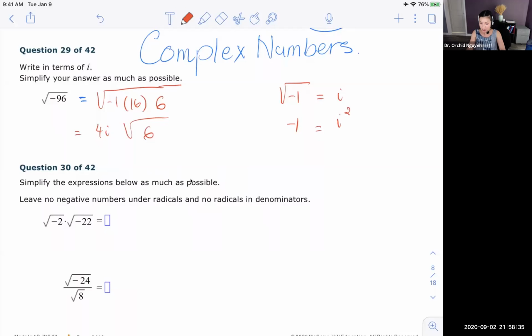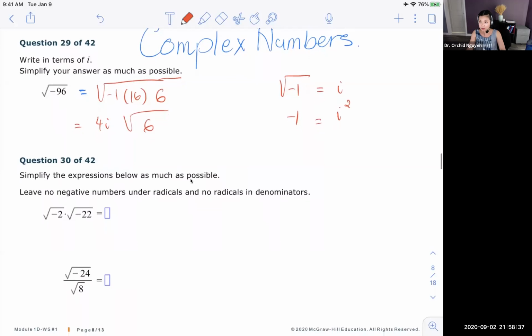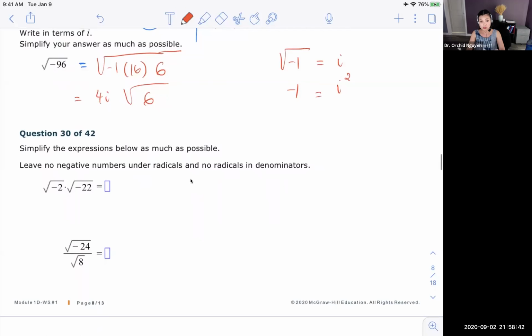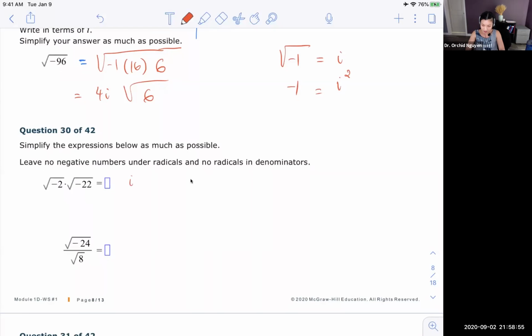Okay, now the next problem. I want to make sure that you take care of the negative first. You take care of i first before you multiply. Let's just do the right way first. So the right way is you take care of i, and then what we have is you take care of i for this one as well.